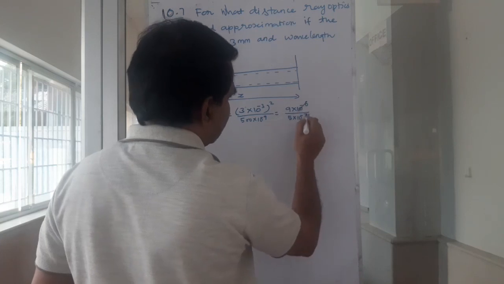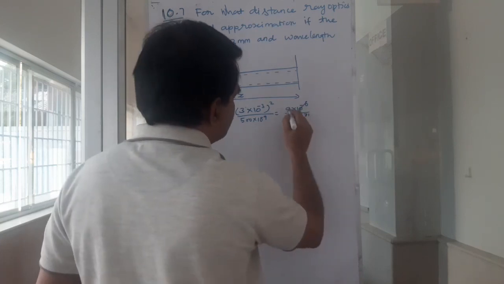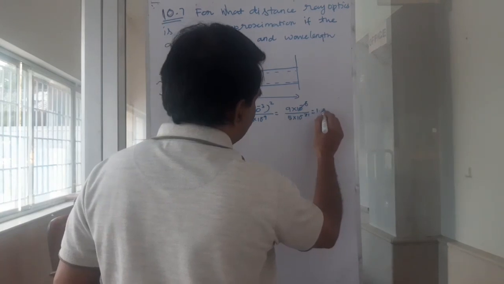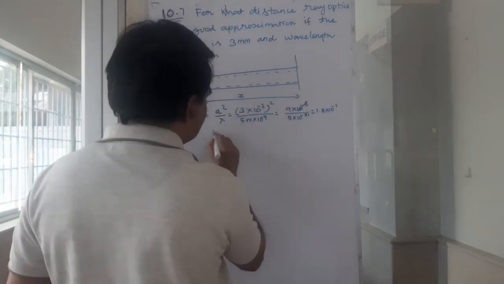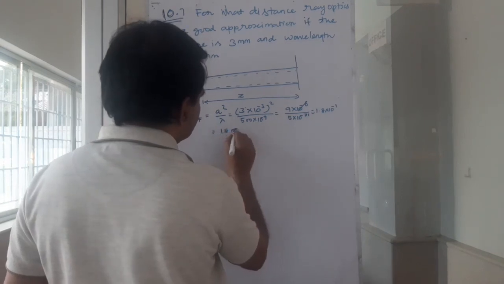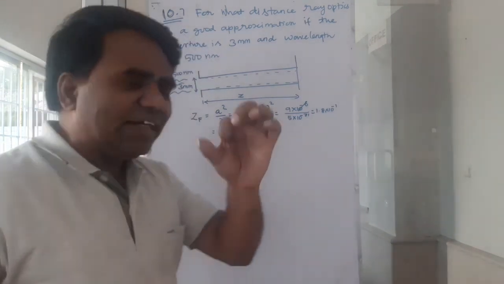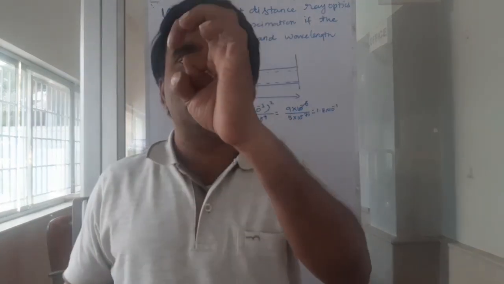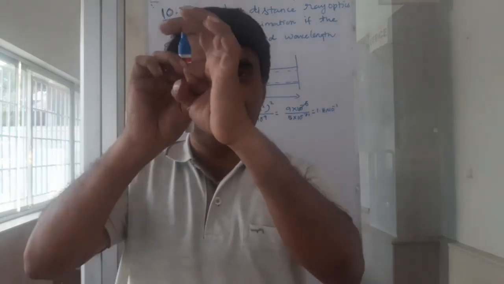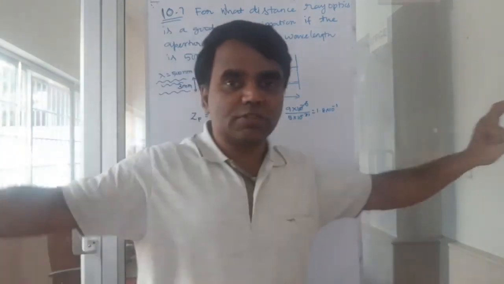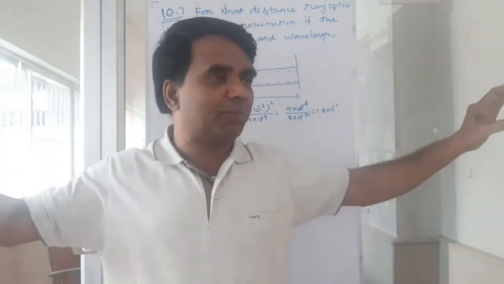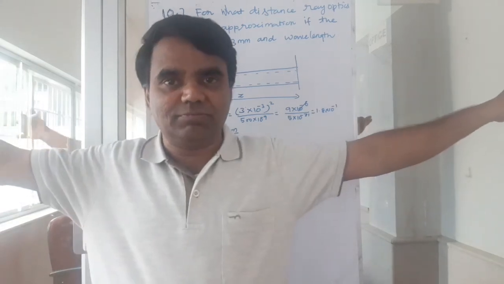So 9 by 5 is 1.8 times 10 to the power 1, so that is equal to 18 meters. So for a 3 millimeter aperture, which is a very small aperture, I can use ray optics for 18 meters.